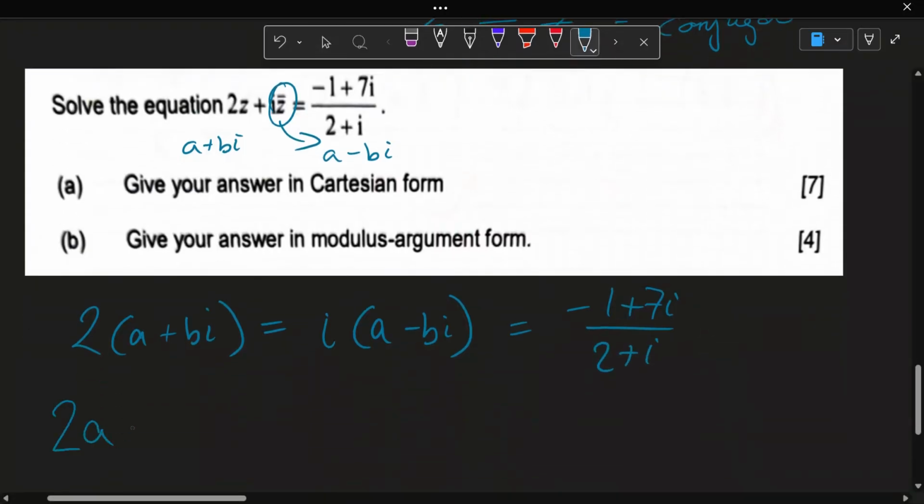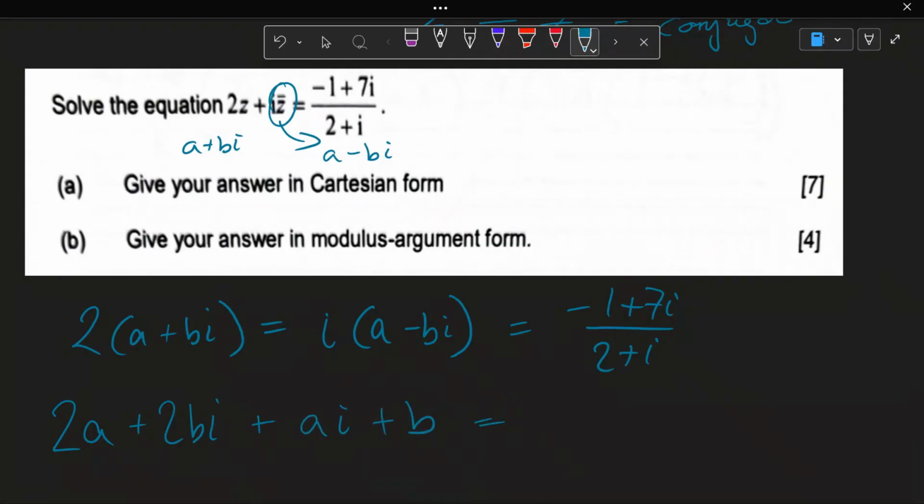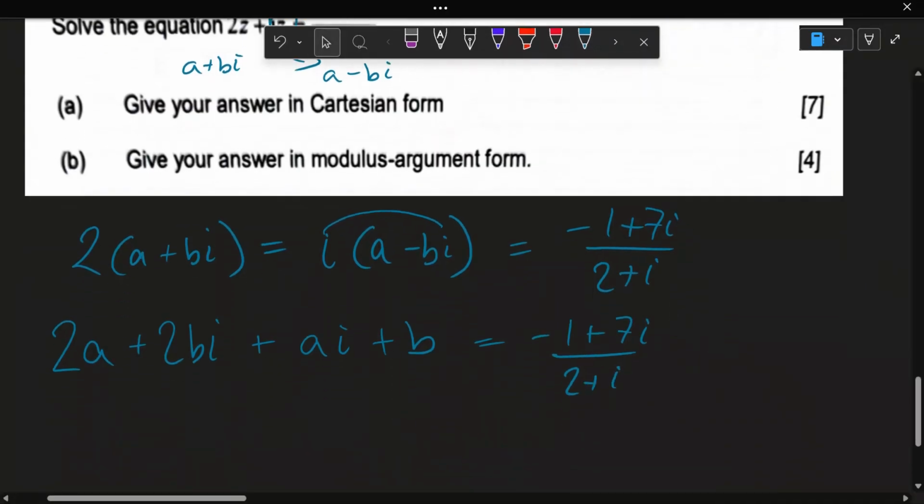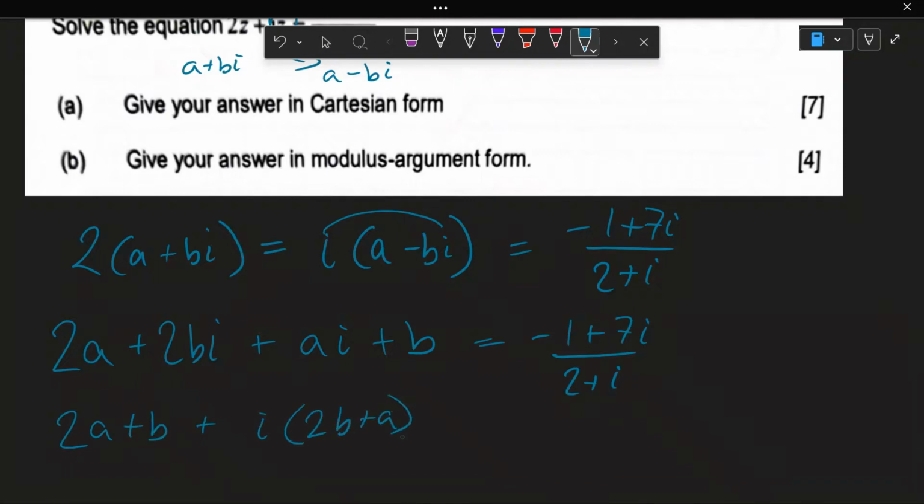So 2a plus 2bi plus ai plus b equals, because i times i is minus 1 times minus b, it's just b. I would collect the real and imaginary terms here now. So (2a plus b) plus i(2b plus a) equals this whole thing over 2 plus i.